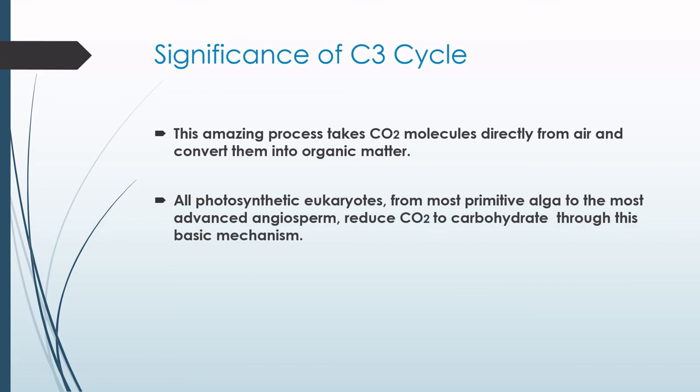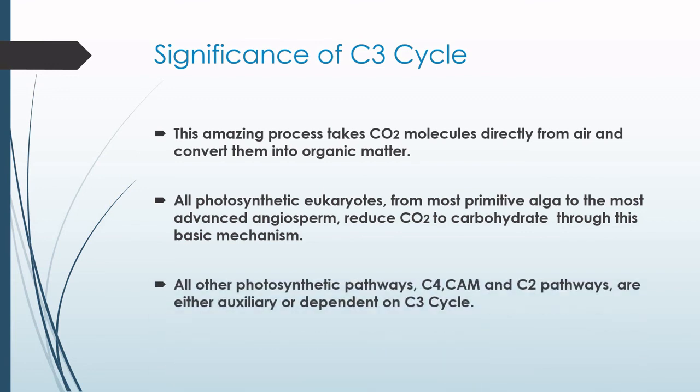All photosynthetic eukaryotes, from the most primitive alga to the most advanced angiosperm, reduce carbon dioxide to carbohydrate through this basic mechanism. And all other photosynthetic pathways, C4, CAM and C2 pathways, are either auxiliary or dependent on the C3 cycle. So the C3 cycle is very important regarding the ecosystem or biosphere and for the existence of all living creatures on Earth. I hope everybody understood the process well.